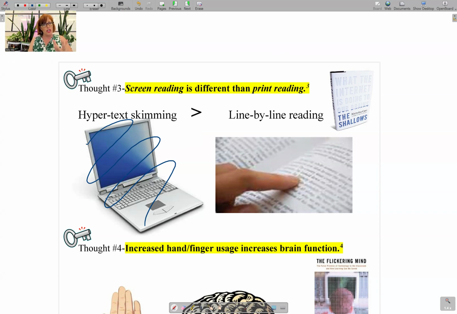If there's too much text, we tend not to use it, because digital is not designed for close, careful reading. But when we're reading on paper, especially finger on paper that I have taught you, we tend to read line by line much more effectively and for detail.